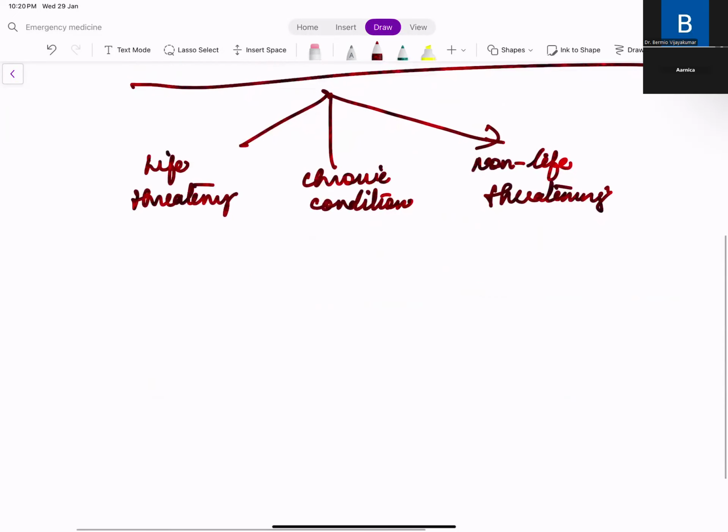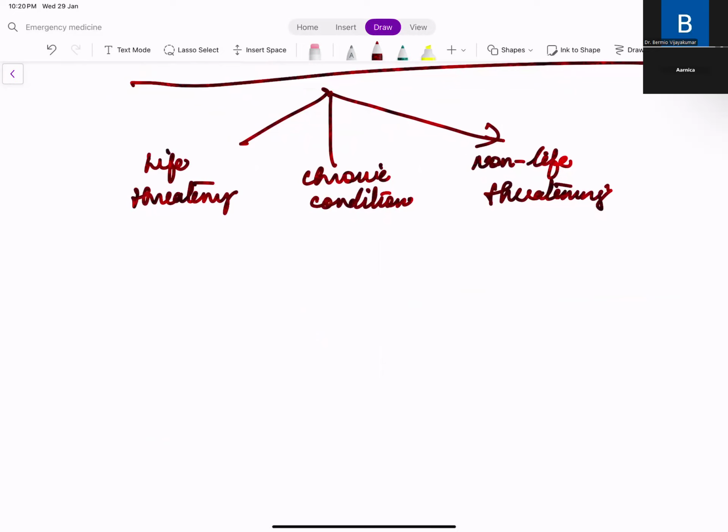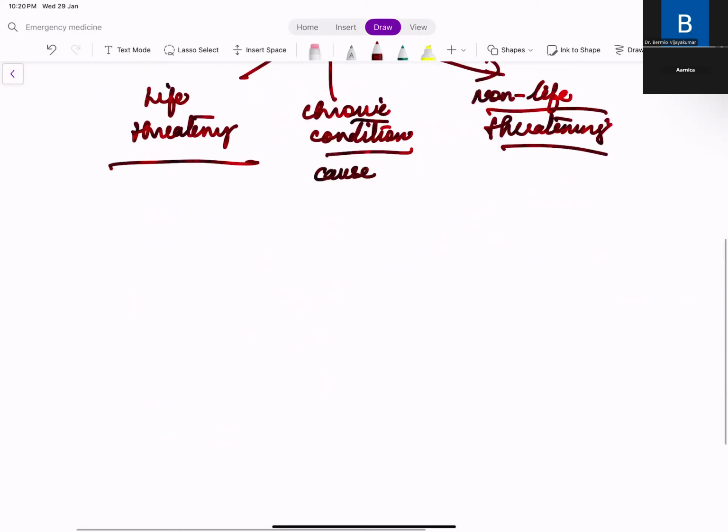But in your emergency medicine approach, how you should go about it is to ask whether the chest pain is life-threatening, maybe a chronic condition which can cause life-threatening worsening, or a non-life-threatening condition. For example, myocardial infarction is a life-threatening acute condition. Aortic dissection is a life-threatening acute condition.